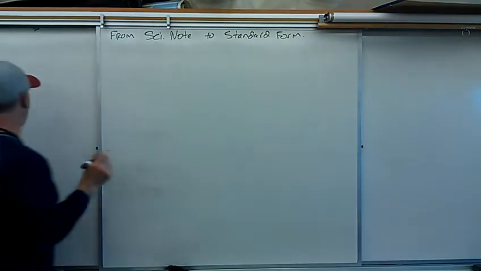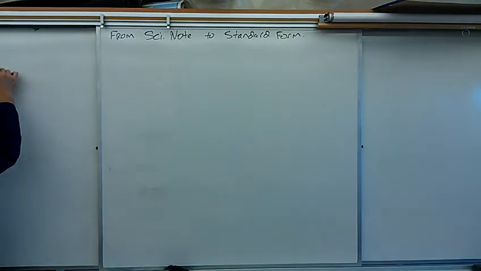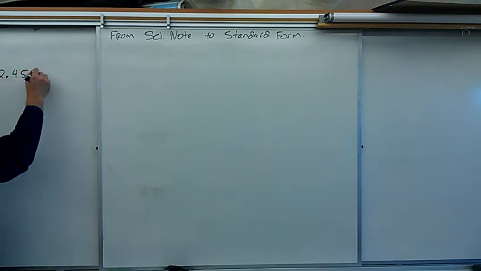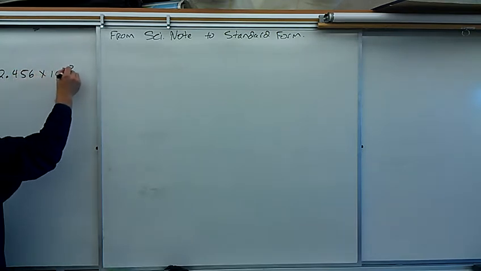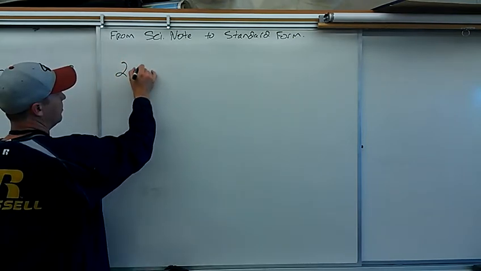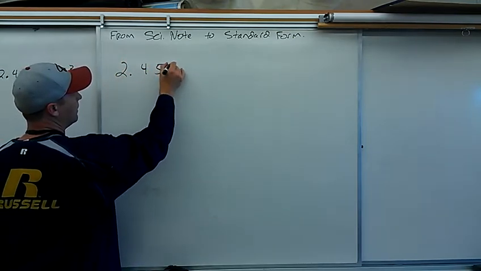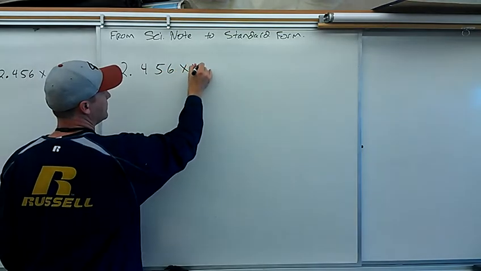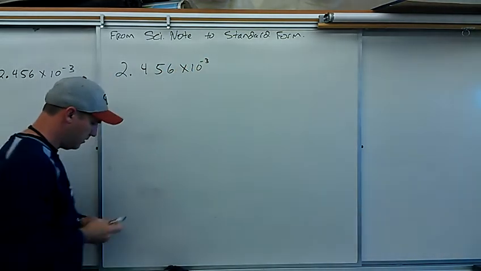Okay, so an example of that might be 2.456 times 10 to the negative third. So again, rewriting it, 2.456 times 10 to the negative third.